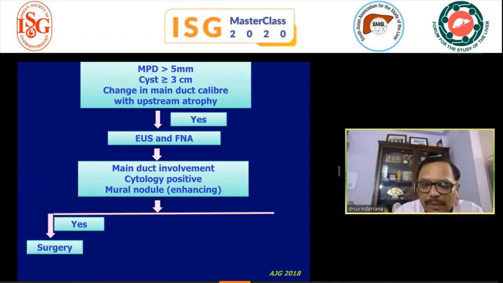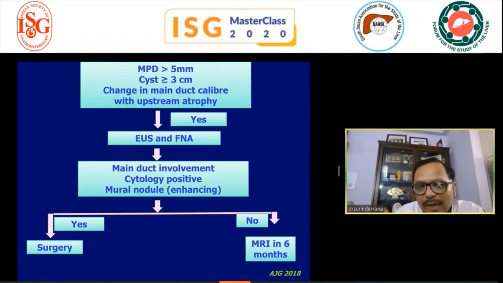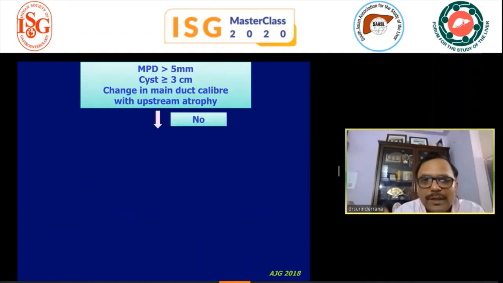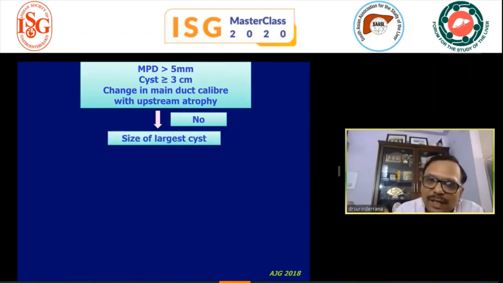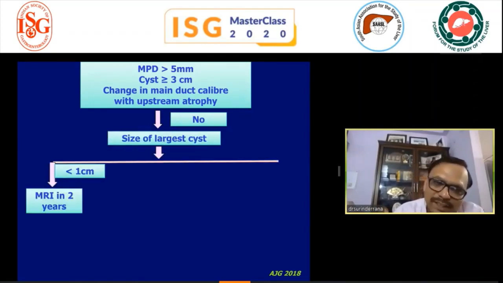And if this is not present, then you repeat an MRI after 6 months to see the change in the size of the cyst. If the cyst is not increasing in size and the patient remains asymptomatic, you can put the patient on surveillance. If, on the other hand, these features are not present, you look at the size of the largest cyst. If it is less than 1 centimeter, you can just relax for 2 years, then repeat an MR after 2 years to see for any increase, using the criteria which I have mentioned earlier.